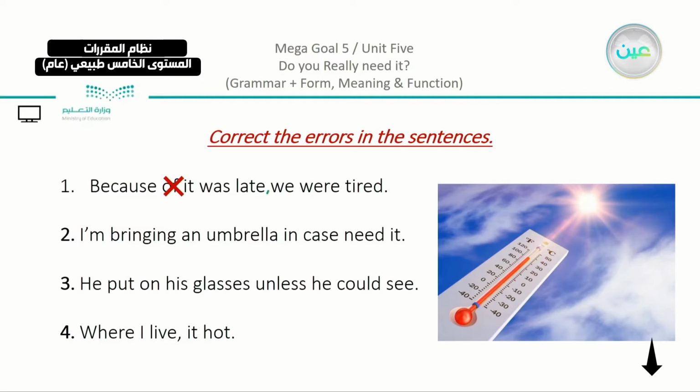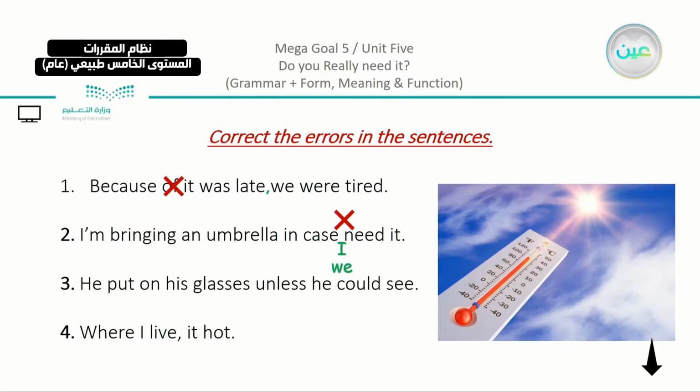The second one, "I'm bringing an umbrella in case needed." Now there is something missing here. We need either to put I needed, or you can also use the plural, we needed. Number 3, "He put on his glasses unless he could see."